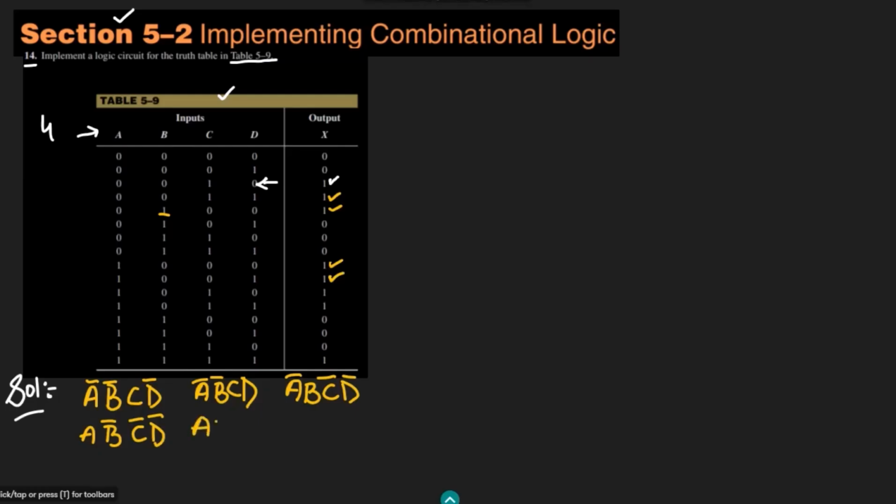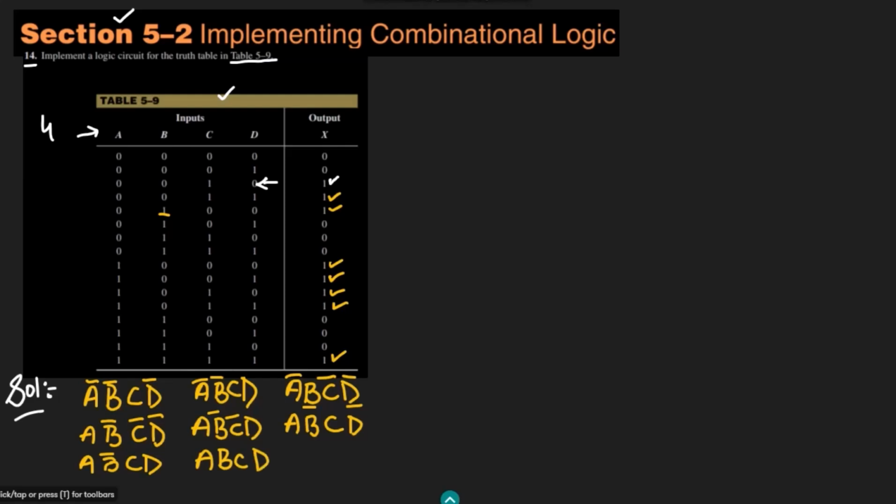This one here for which I have got 1 is 1 0 1 0, so 1 0 is complemented, 1, and this is complemented as well. The second last one is 1 0 1 1, so 1 0 is complemented, 1, 1. And the last one here is all ones, so A, B, C, D.